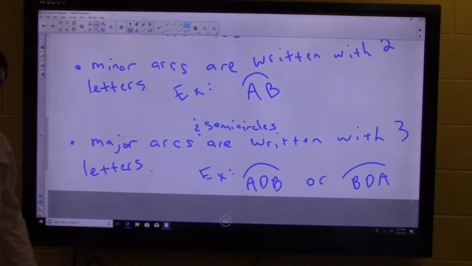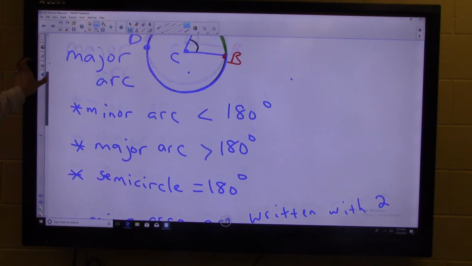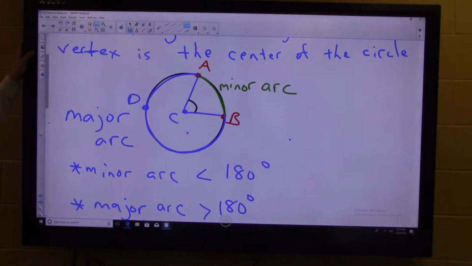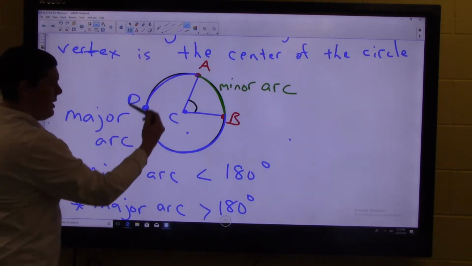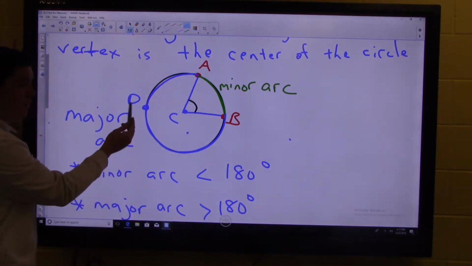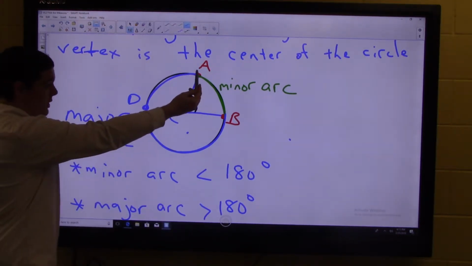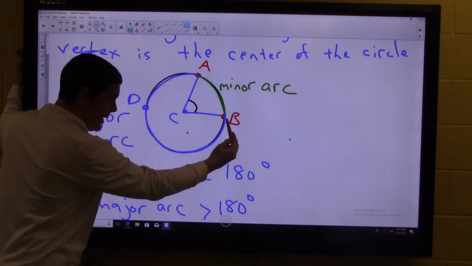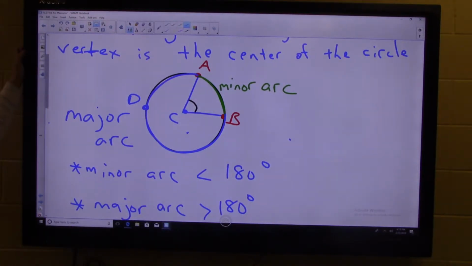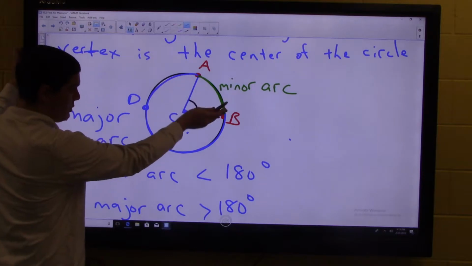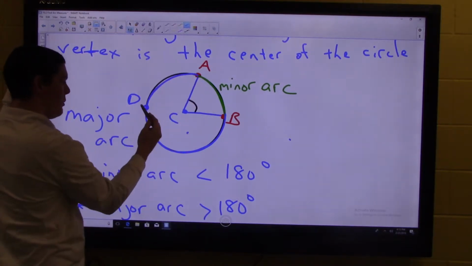So let me scroll back up. This arc right here, ADB, we need to write it with 3 letters. I have to label a point out here if I want to refer to the arc from A to D to B. Hopefully that makes sense why we need 3. With a minor arc we need 2. With a major arc we need 3. We need a reference point.